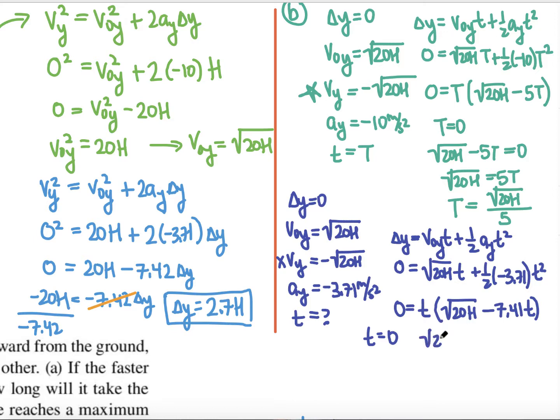The other comes from saying root 20h minus 7.41 times t equals 0. All right, well, I get something that's really ugly here. So I'm just going to go ahead and skip to it. And that is root 20h over 7.41 is equal to t. So now, how do I translate this in terms of big T?